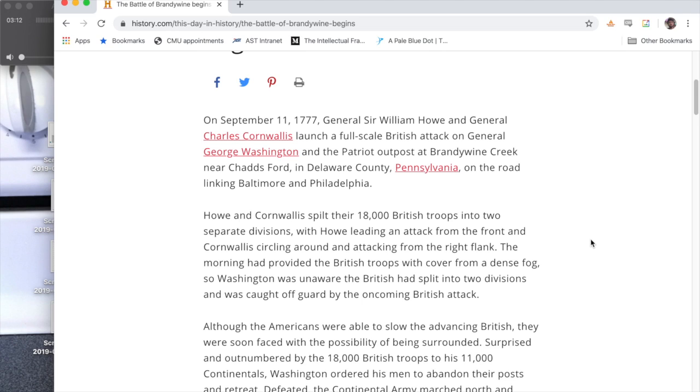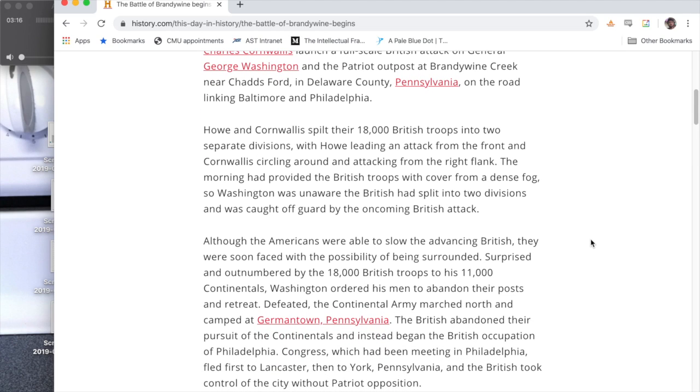Howe and Cornwallis split their 18,000 troops into two separate divisions, with Howe leading an attack from the front and Cornwallis circling around and attacking from the right flank. The morning had provided the British troops with cover from a dense fog, so Washington was unaware the British had split into two divisions and was caught off guard by the oncoming British attack.